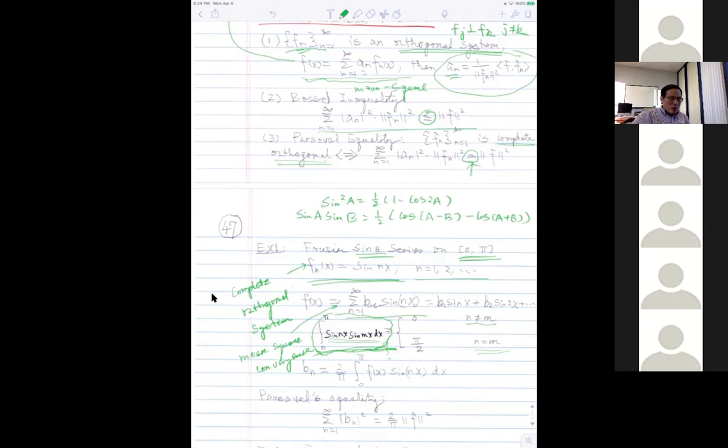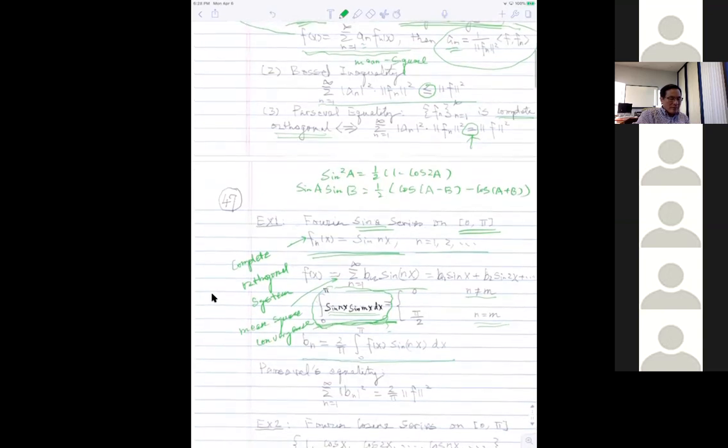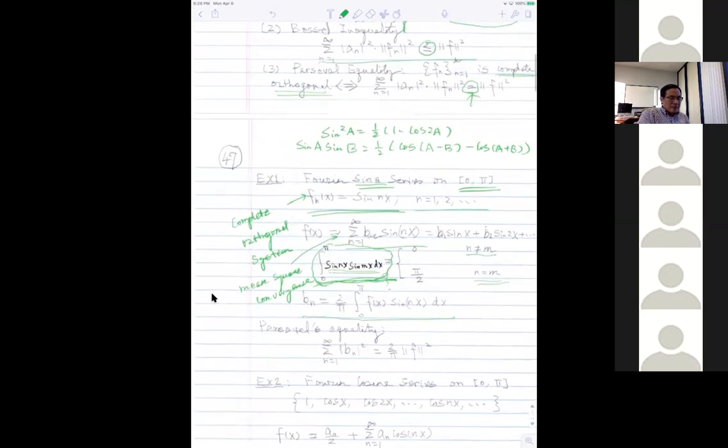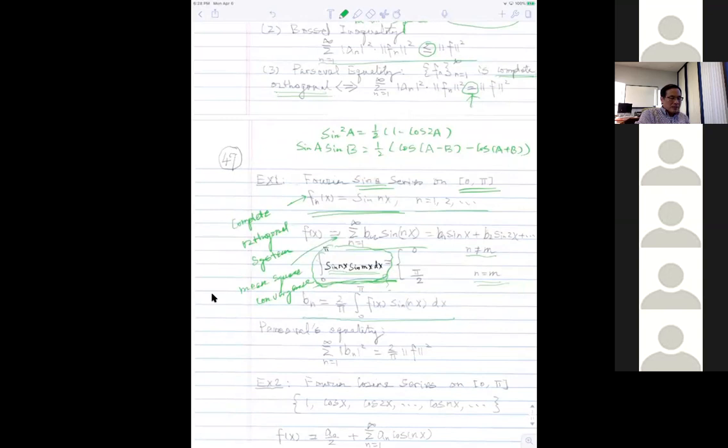All right, then b_n is computed. We can calculate b_n with this formula, and in this case Parseval's equality is in this form.